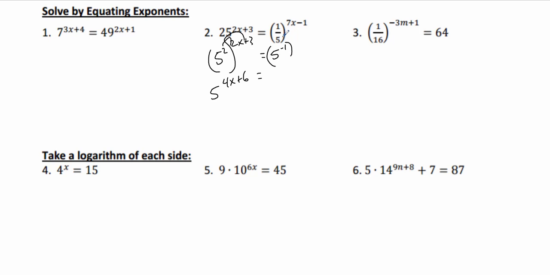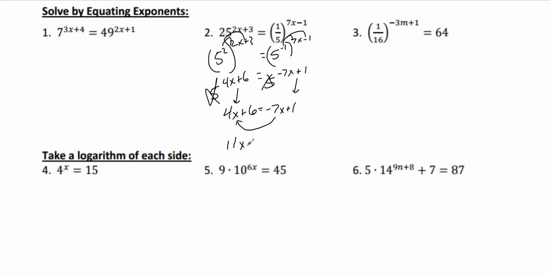They flip and take the reciprocal. So this negative 1 here is really then also raised to the 7x minus 1. When I distribute here, I get 5 to the negative 7x plus 1. Okay? Now, again, bases are the same. So I'm going to drop the exponents like they're hot, and I get 4x plus 6 equals negative 7x plus 1. I'm going to bring the negative 7x over.